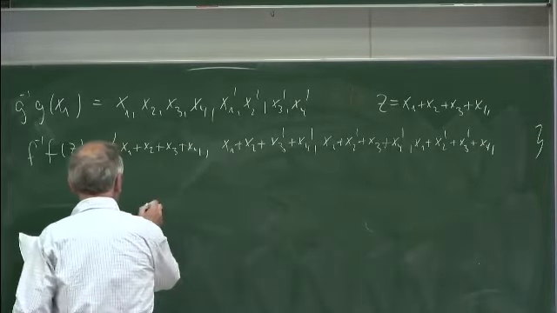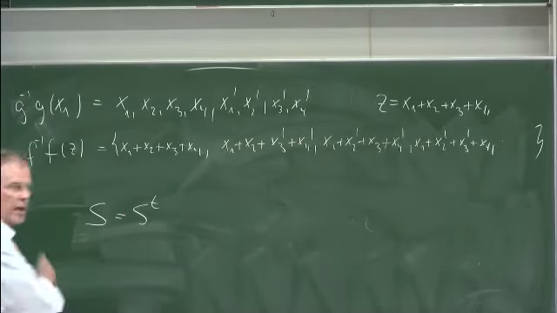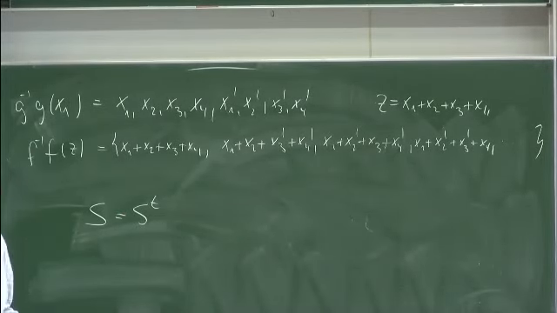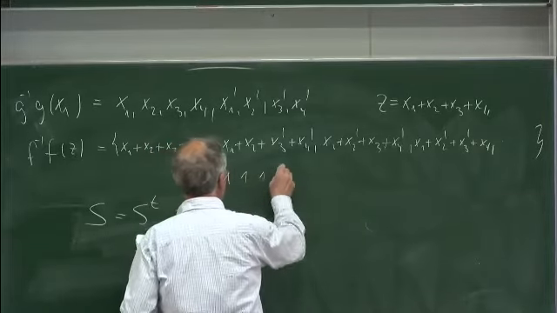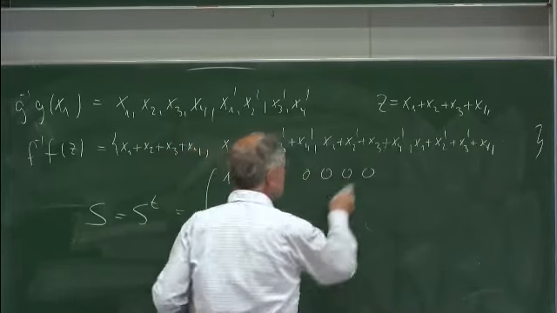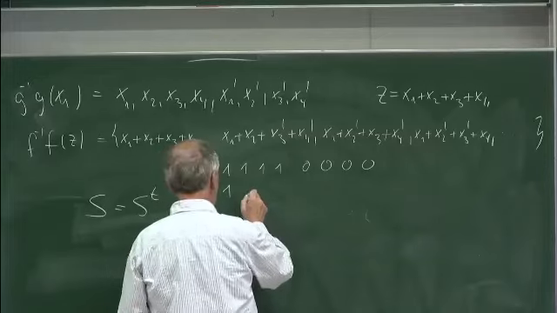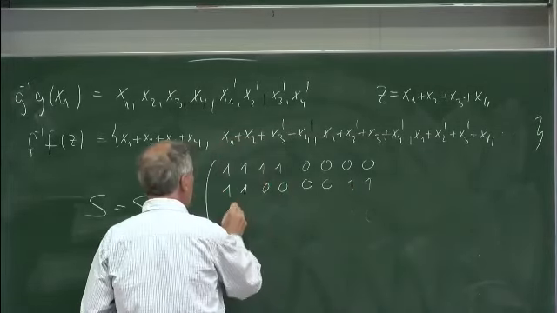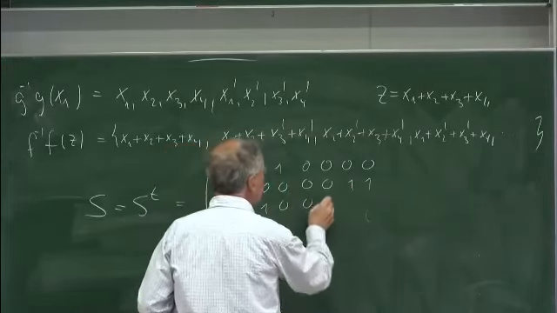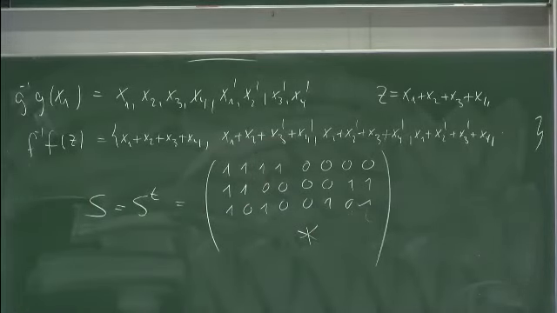Then one can work out easily the matrix S, and it turns out that this symmetric matrix, according to these bases, is of this form: 1, 1, 1, 1, 0, 0, 0, 0. So it's an 8 by 8 matrix. Here we have 1, 1, 0, 0, 0, 0, 1, 1. Here we have 1, 0, 1, 0, 0, 0, 0, 1, and so on.